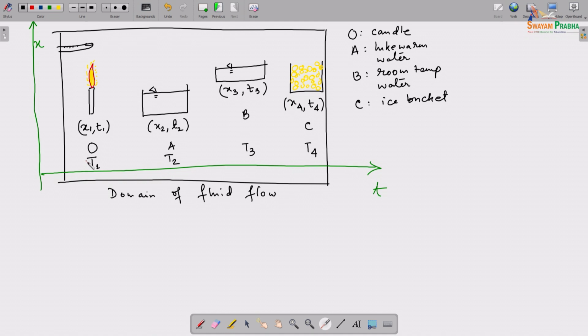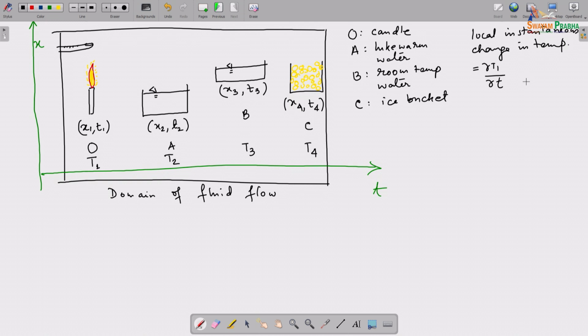So, that change in temperature is going to be, so I am going to write that here, that the local instantaneous change of temperature, right, is equal to this.